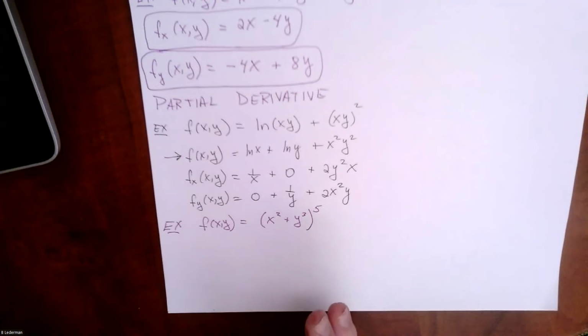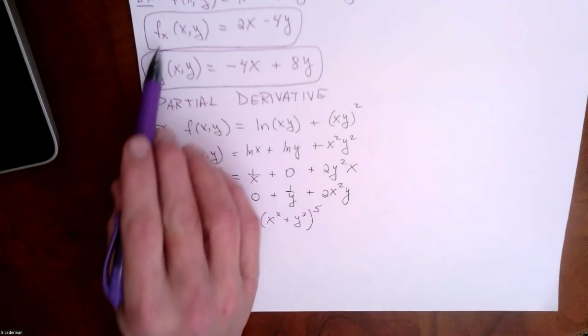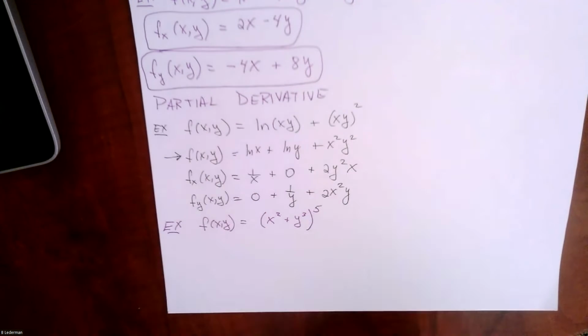Now, I wanted to introduce something. You know how in regular calculus that we've been doing till now, which we did in the first several chapters, there were two ways of writing a derivative. We could write y prime, or we could write dy dx. So what I'm showing you now, this f sub x and f sub y, that's kind of like the y prime notation.